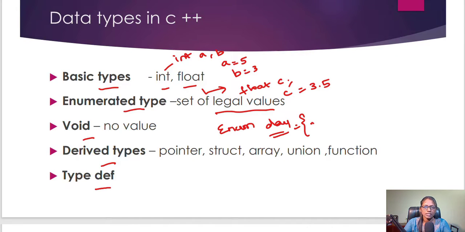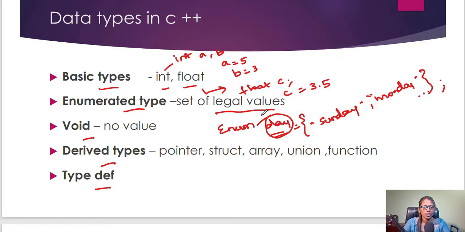So I declare enum day equal to Sunday, Monday, something like that. When I declare some legal values, possible values, for this data, that is called an enumerated data type.